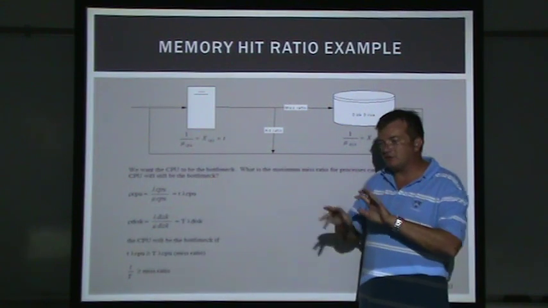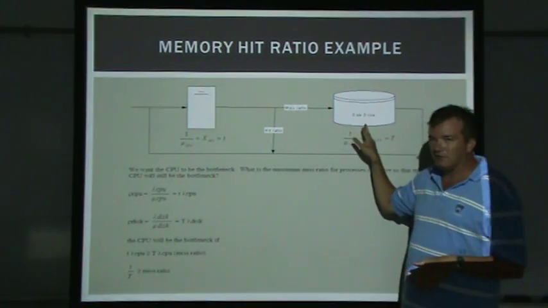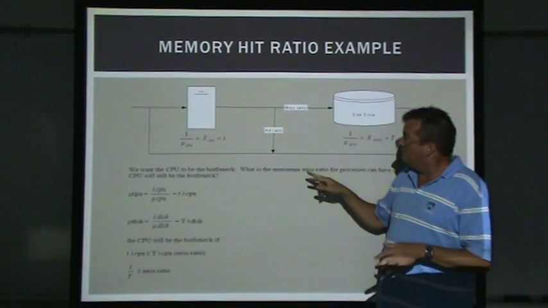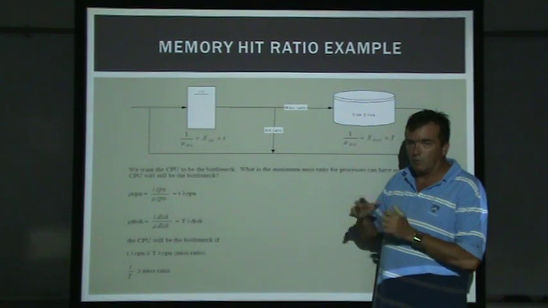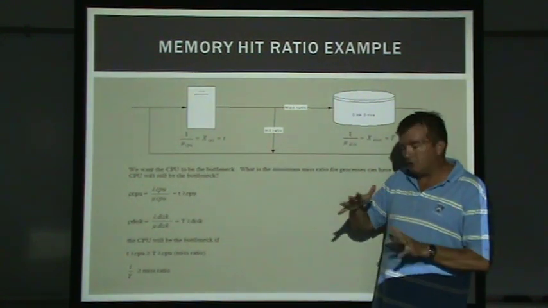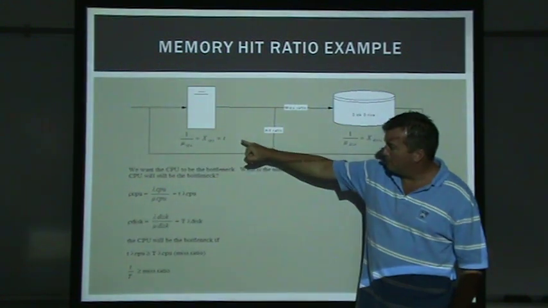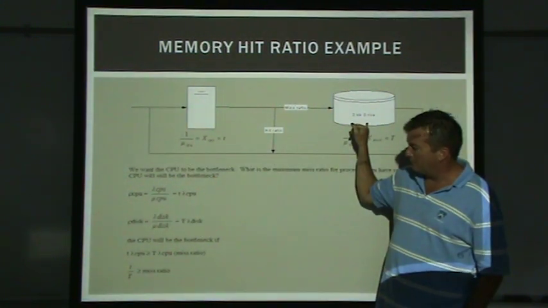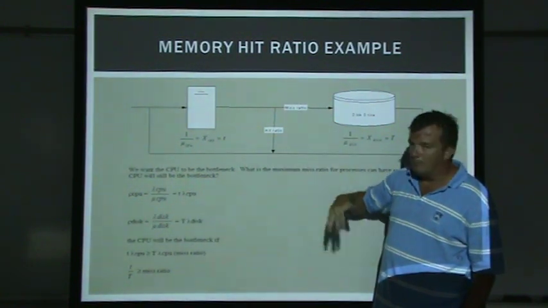So as our operating system is managing, we know the speed of our processor, we know the speed of our disk drive. We want to manage our processes' hit and miss ratio. We want to increase or decrease the size of the cache so that the miss ratio never goes above that ratio.